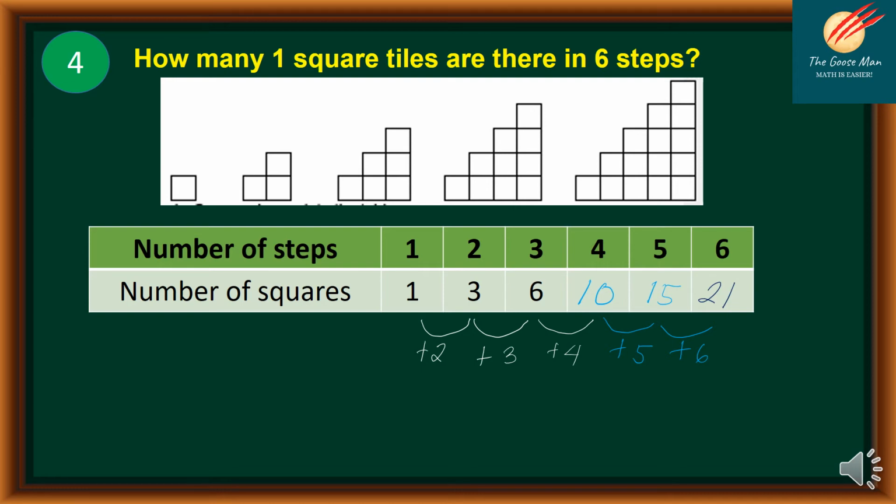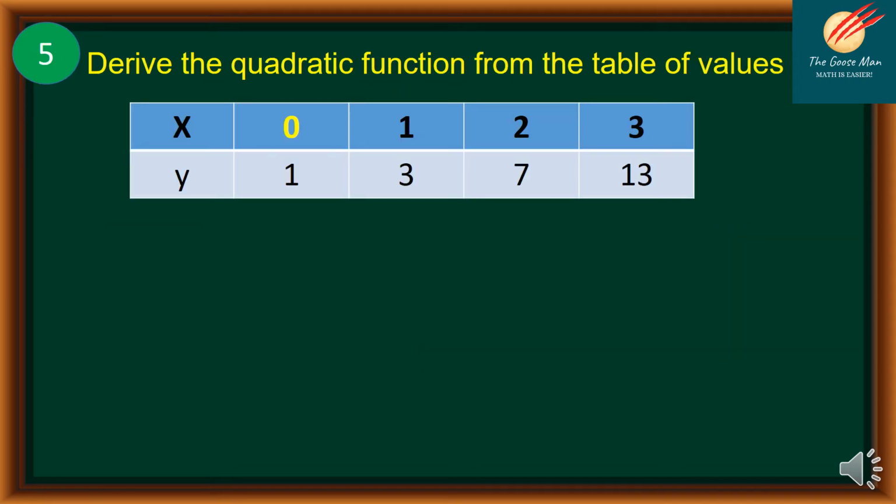Thank you. So let's move on to the derivation of quadratic function from the table of values. Now, if we have this table, to begin with, we will use the quadratic equation y is equal to ax squared plus bx plus c. We will first substitute the value of x, which is equal to 0.